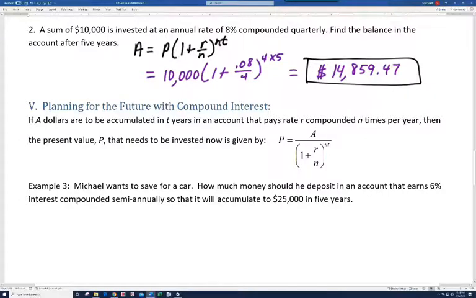Now, I hope that you recognize that what you're really seeing is this formula here that's been solved for P. And so we're going in reverse. I'm going to make a comment here. This formula is used for savings goals.